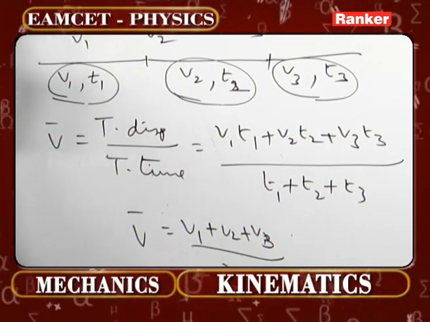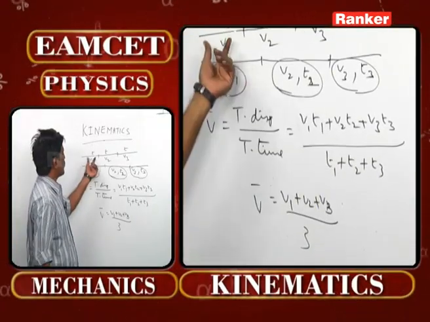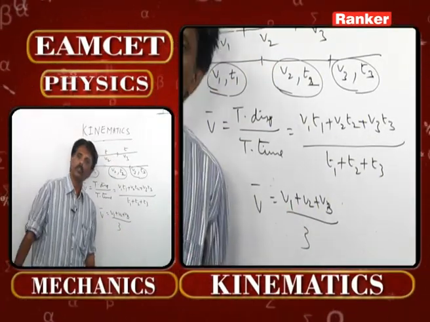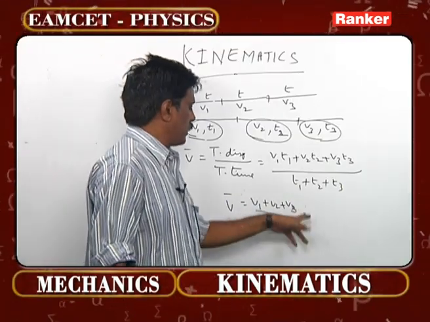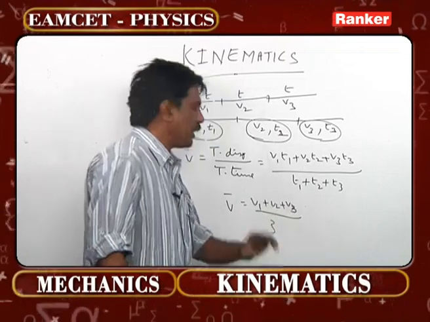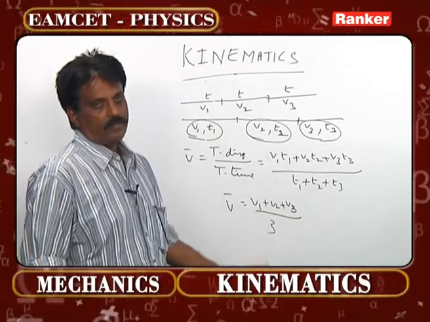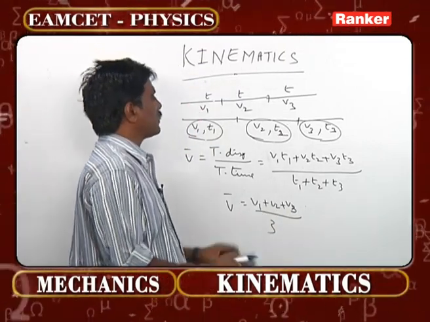This is the average velocity. If two equal intervals are only taken, you will get V1 plus V2 by 2. For n equal intervals, V1 plus V2 plus V3 and so on up to Vn by n. That will give you the average velocity.